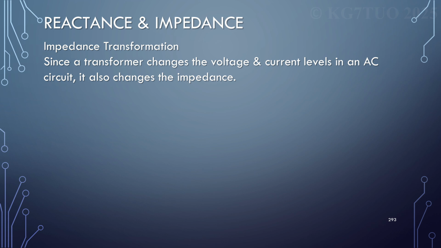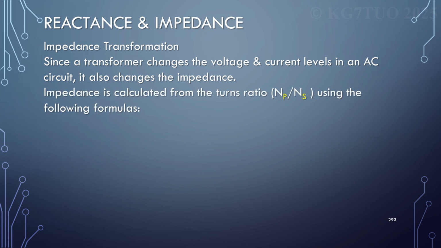Impedance transformation. Since the transformer changes the voltage and current levels in an AC circuit, it also changes the impedance. Impedance is calculated from the turns ratio, NP divided by NS, primary versus secondary, using the following formulas.